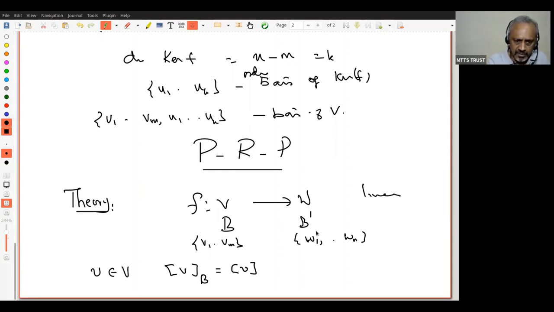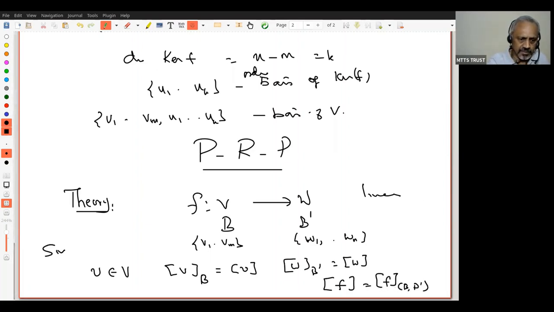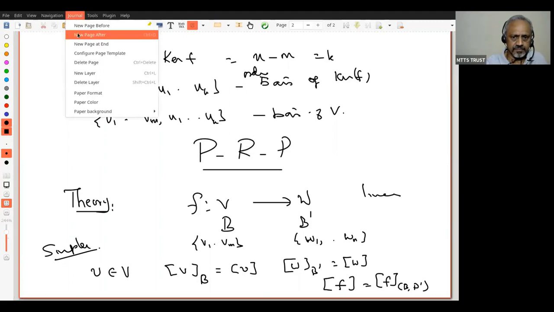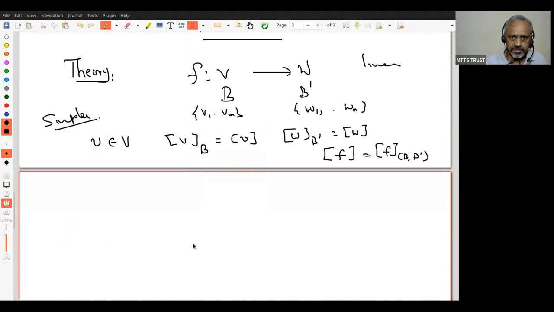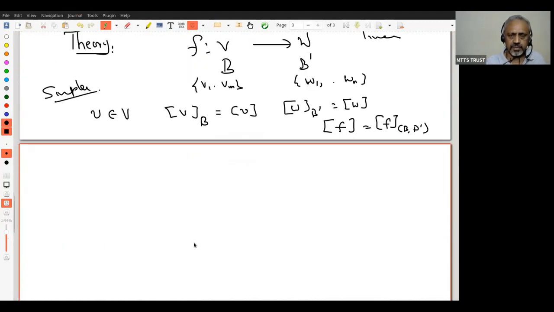And similarly for w, instead of the coordinate vector with respect to B dash, I will write it simply as w. So naturally, this stands for the matrix with respect to the bases. This is a simpler notation because B and B dash are fixed for this discussion. So there is no point in writing them, making our life more complicated. Is it okay? Very good.